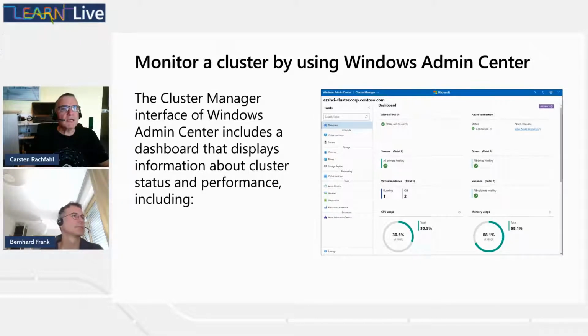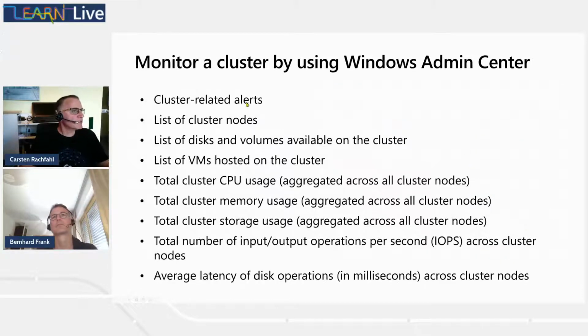So let me see where we have a lot of things here: cluster related alerts, list of cluster nodes, list of disks and volumes available on the cluster, list of VMs hosted on the cluster, total cluster CPU usage. That I really like. You see how much CPU the VMs and the workloads use in the whole cluster, how much memory, and so on.